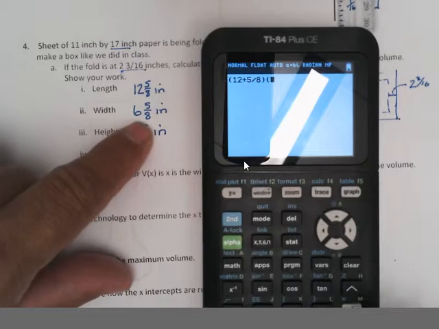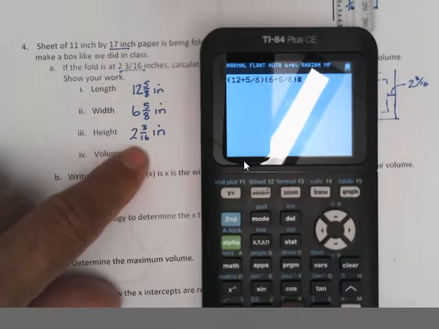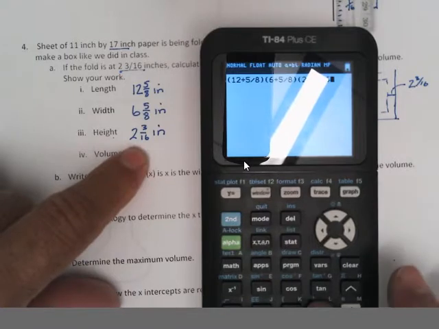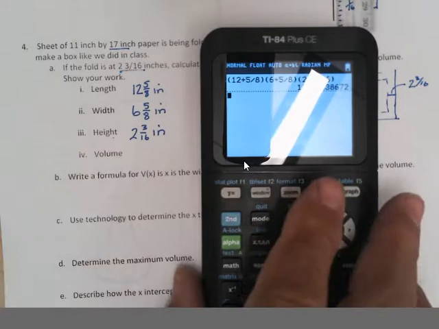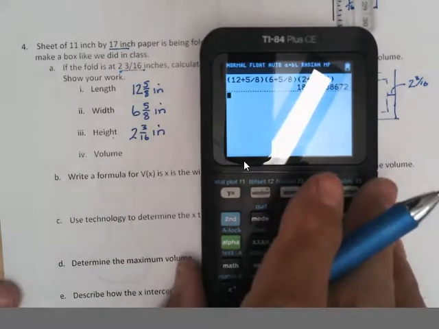Parenthesis 6 plus 5 divided by 8. So that's 6 plus 5/8 of an inch more. And times 2 plus 3 divided by 16. And I get 182.96.